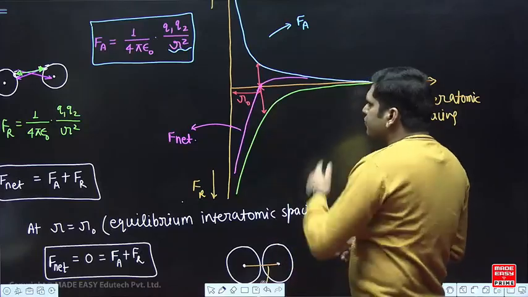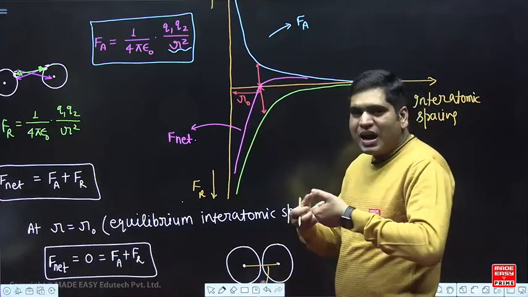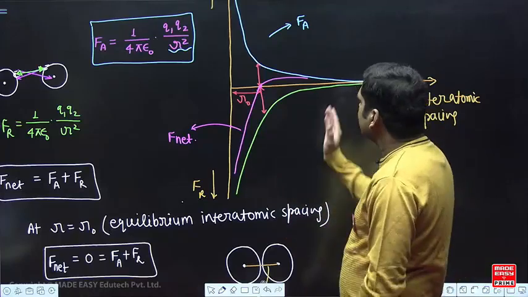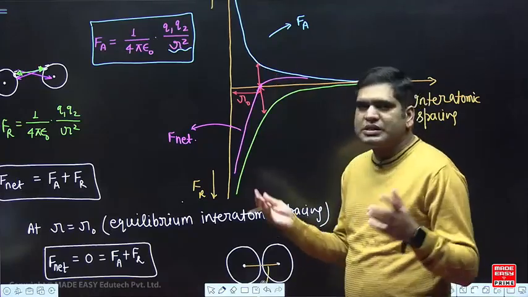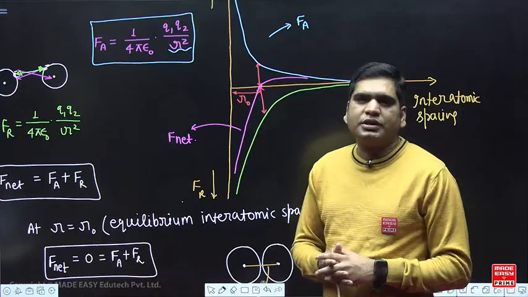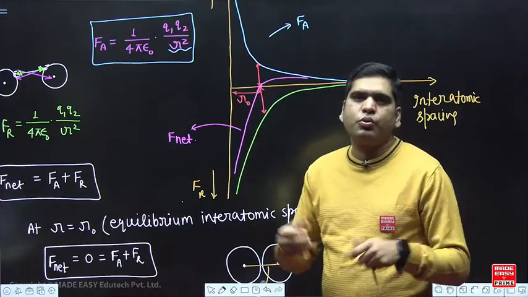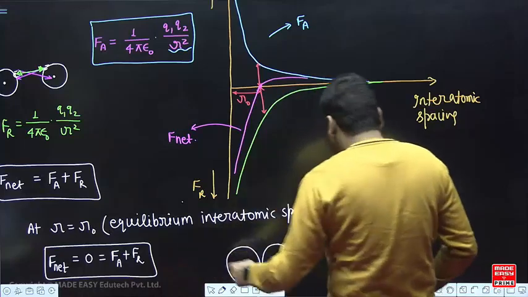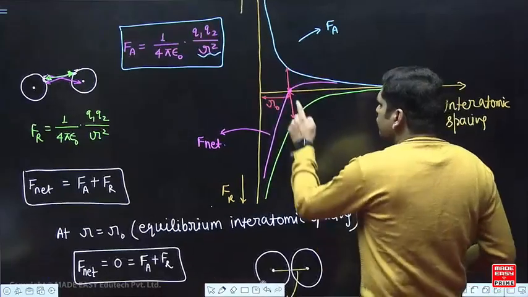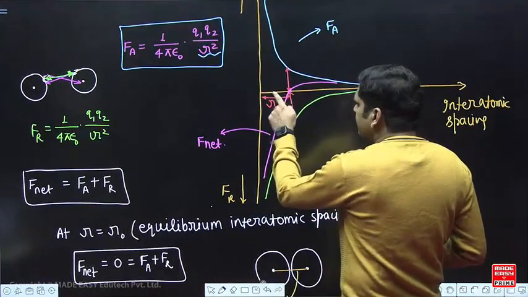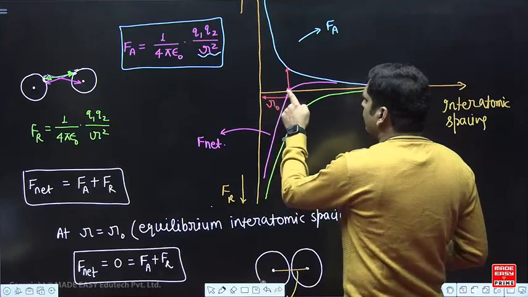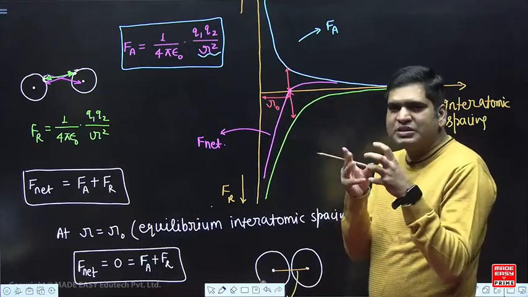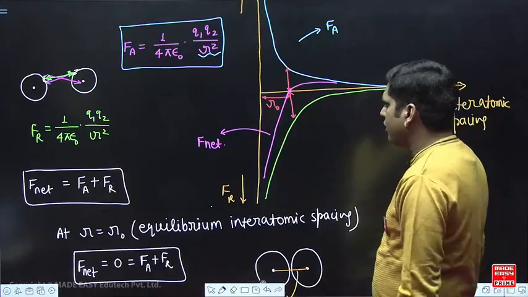Suppose beyond this point, you start increasing the spacing between the two atoms, then attraction force will start working and that will not allow them to go away. Hence, the combination of this attraction and repulsion is not allowing the distance between the atoms to decrease below r naught and not allowing it to increase. It means it is keeping these two atoms together at r naught.